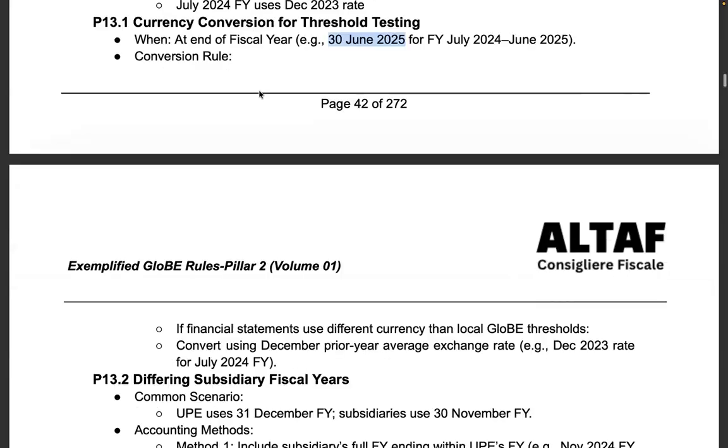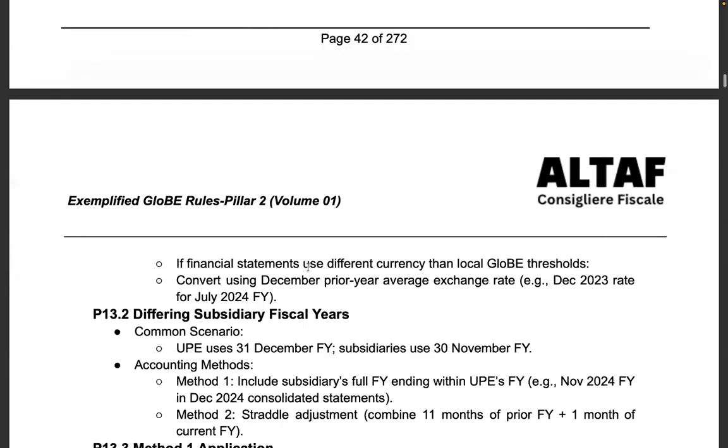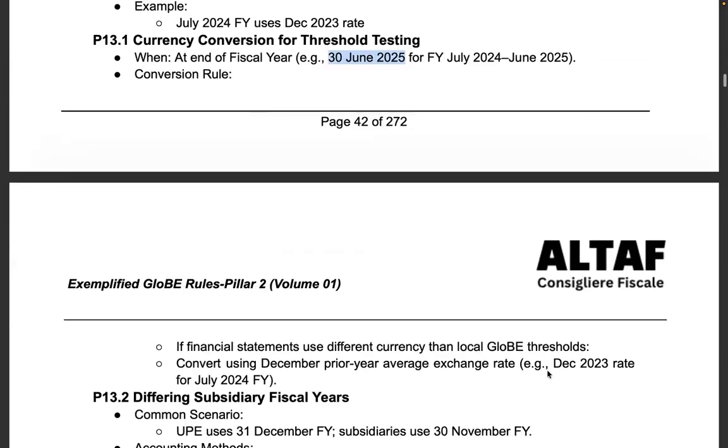And what is the conversion rule? If financial statements use a different currency than the local GloBE threshold, convert using the December prior year average exchange rate. For example, the December 2023 rate we will use for the July 2024 financial year, which started from July 2024.